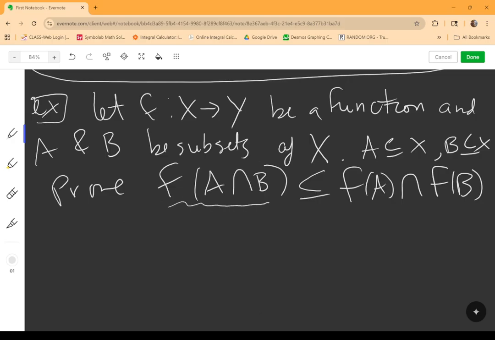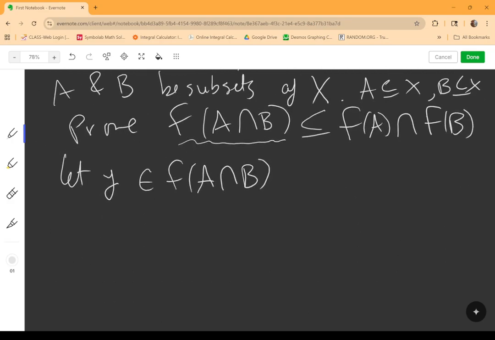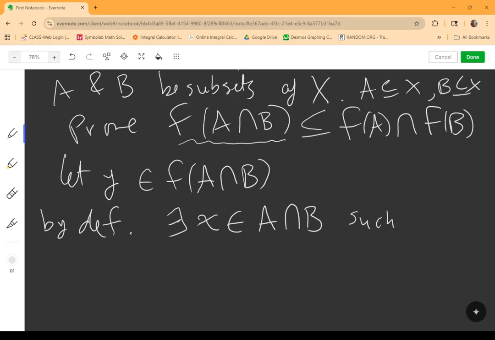So we'll let the image y be an element of f of A intersection B. By definition, there exists an x, an element of A intersection B, such that f of x is equal to y.